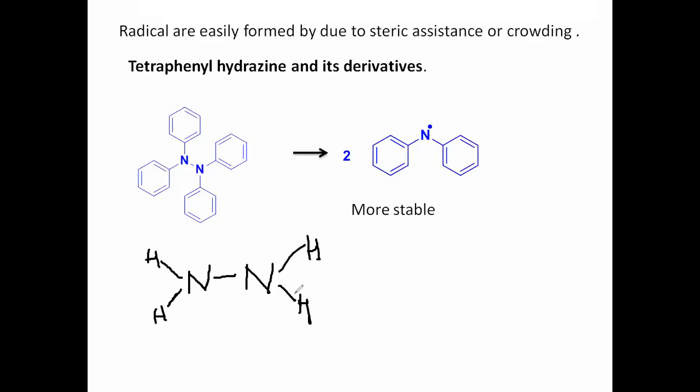So what happened here? You see, when they replace this, that nitrogen-nitrogen bond becomes a sterically crowded or strained bond. Same thing. So this bond undergoes homolysis and forms a radical. This radical is also more stable. What is the reason for the stability? Delocalization is the reason.